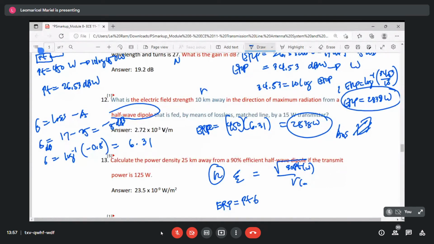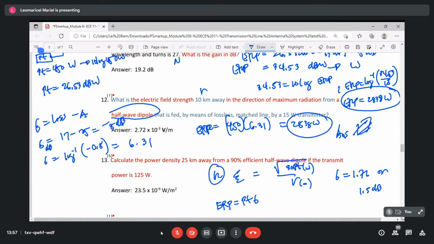Ayan, tama. So, ang gain ng dipole, half wave kasi, is equals to 1.76 or 1.5 dB.